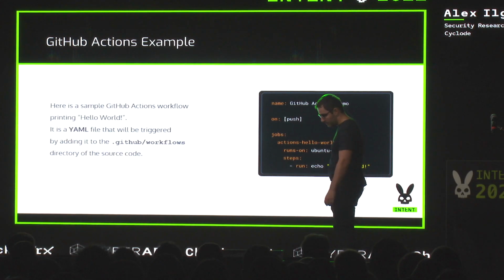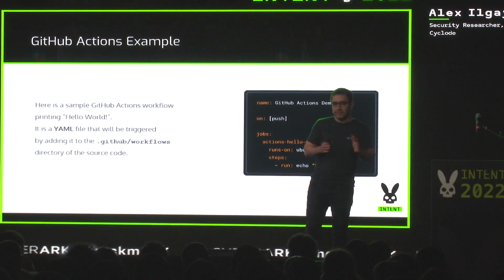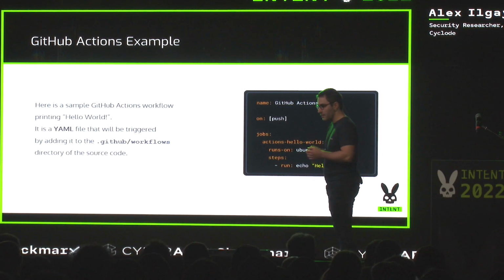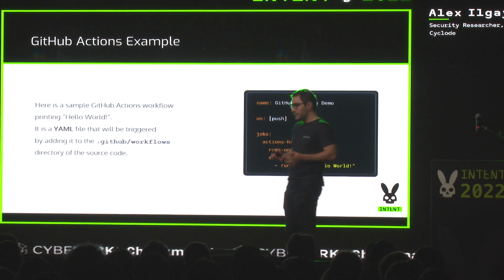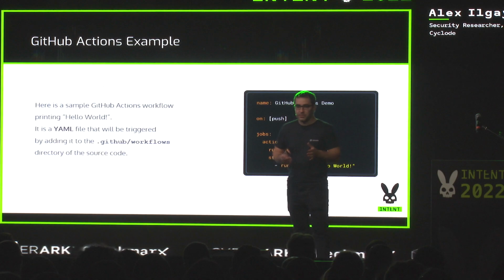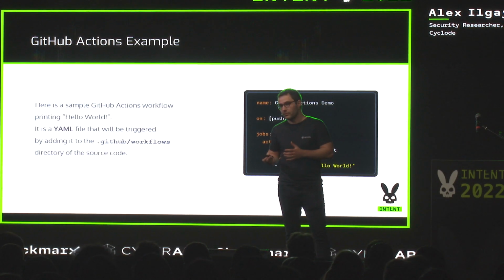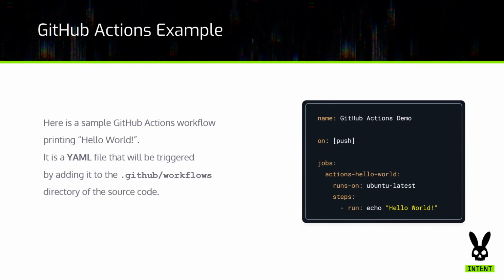So what does a GitHub Action look like? It has three parts. First, it's a YAML file. It has a name. In this example, it's GitHub Actions demo. It has a trigger, which instructs the GitHub Actions service when to run this workflow. In this example, we have a trigger that's called push. This means that on every push to the repository, GitHub Actions will run this workflow.